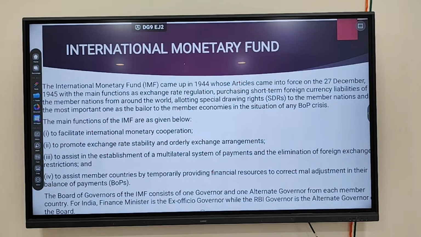If that reserve is more, then it is a developed nation. Understood? The reserves, not the Indian rupees. The foreign currency reserve should be more. If we have more foreign currency reserve, then we are growing in terms of economy. Is there any doubt?